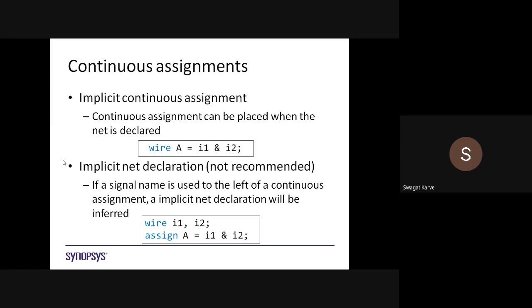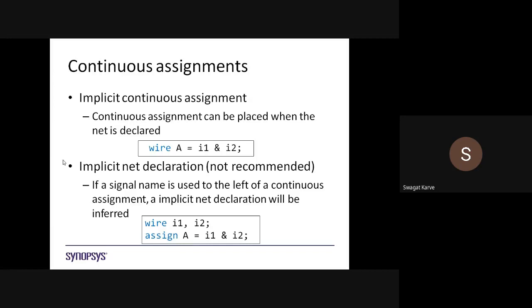Then the next part is implicit net declaration. Implicit net declaration, but it is not that recommended. If a signal name is used to the left of the continuous assignment, the implicit net declaration will be inferred.